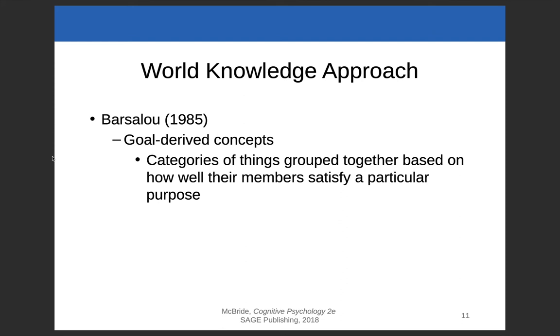Basically, these are categories of things that are grouped together based on how well they satisfy a particular purpose. So, for example, kitchen utensils and dining utensils are all categorized under a similar concept because we use them to eat.